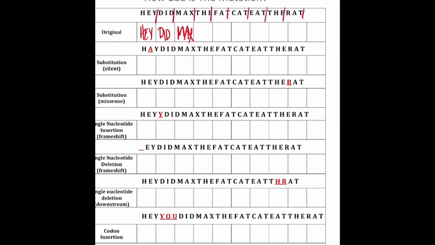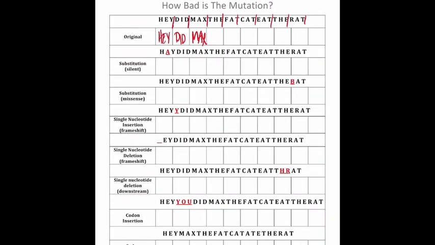That's what you're going to do. Now, this first example is a silent mutation. So we say, hey, did Max, and so on, the fat cat eat the rat. It's silent because there is a mutation, but it still basically makes the same thing. The sentence reads the same, okay?